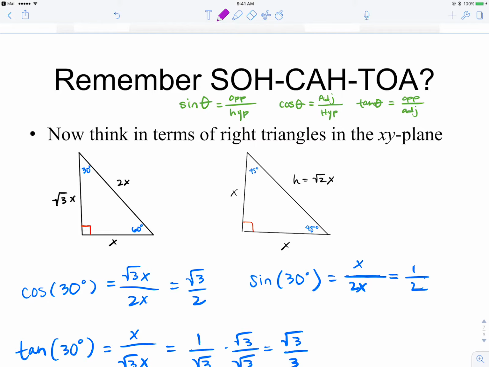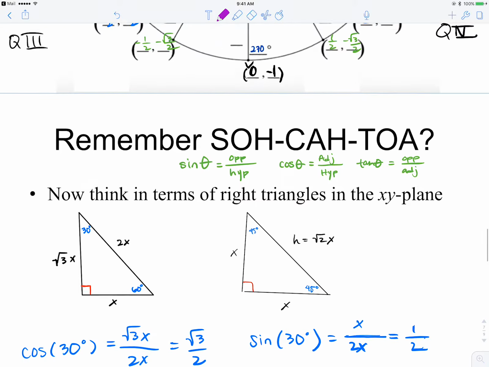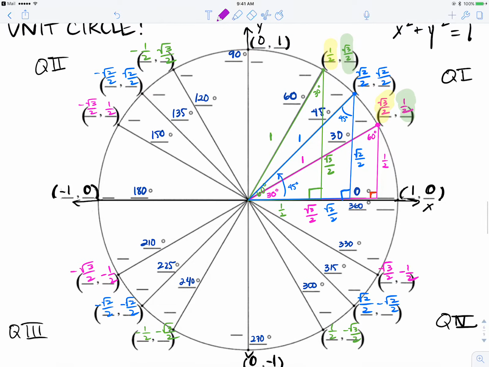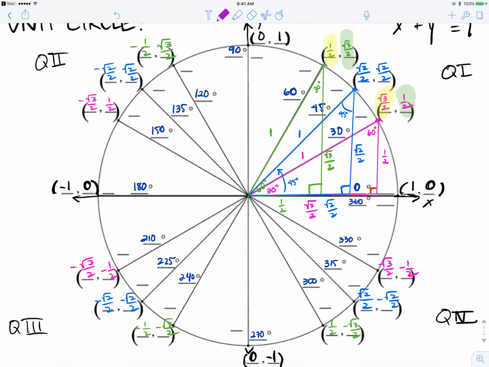Angles that could be angles in triangles, right triangles. But now with the unit circle, you can evaluate sine, cosine, or I'll show you how to evaluate tangent in a second, with any angle that lies on the unit circle.